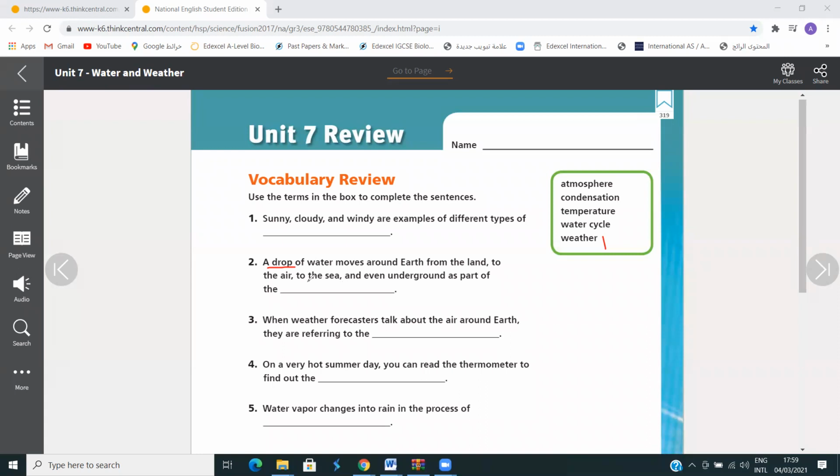He said water here. Do you see? So it is easy. Water cycle. Water cycle.